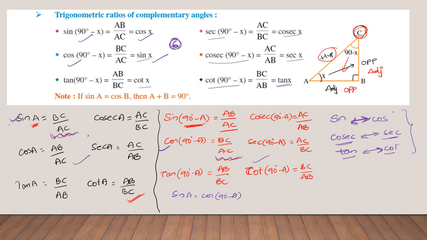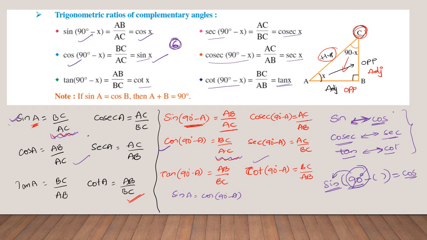All these changes occur when you are having 90 degrees beside it, so 90 degrees minus something. Suppose you have sin of 90 degrees minus something, then this sin will be changed into cos, and because of this 90, sin has changed to cos.